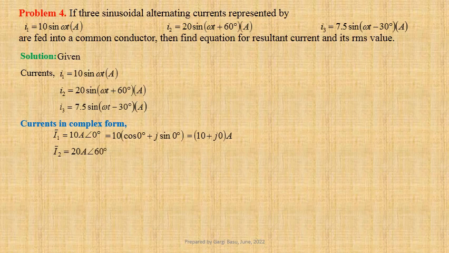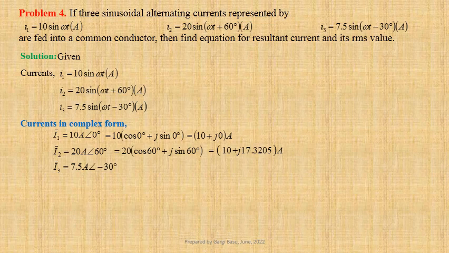This may be written in Cartesian form as 20 times cos of 60 degree plus j sine of 60 degree, that is equal to 10 plus j17.3205 ampere, and I3 equals 7.5 ampere at an angle minus 30 degree.